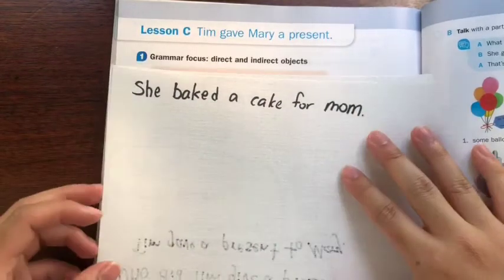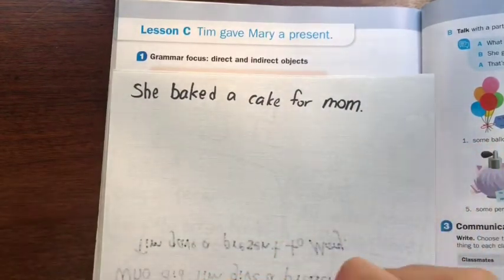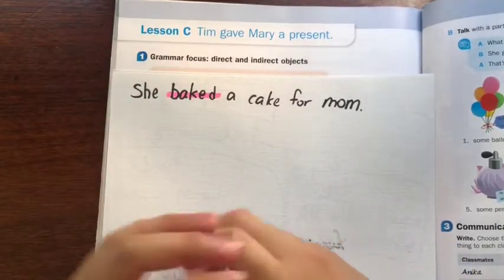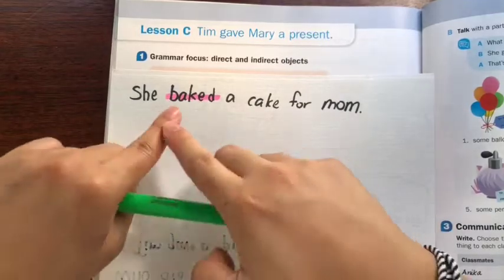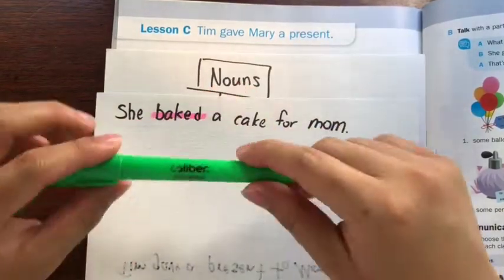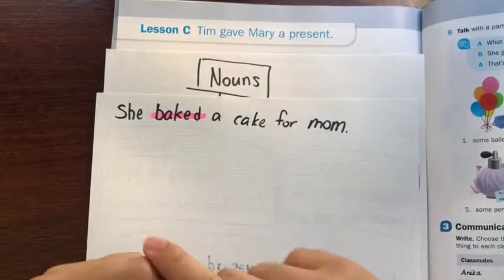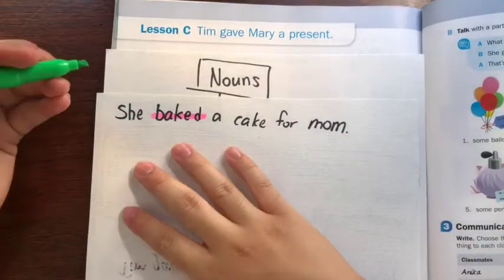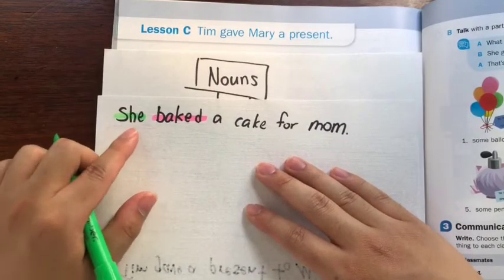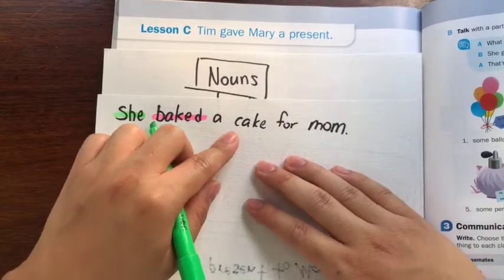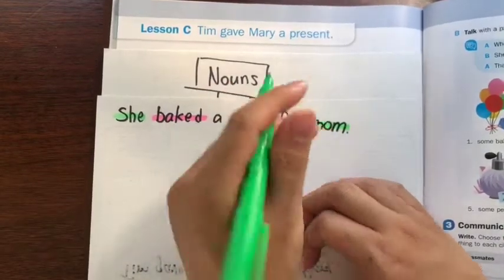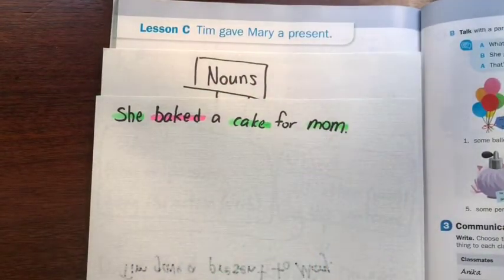So first, let's find the verbs. The verb is baked. Okay? So the verb is in pink. Now I want to find all the nouns. The nouns are going to be in green. So the nouns are she. She is a person, so she's a noun. Cake is a thing. And mom is a person.